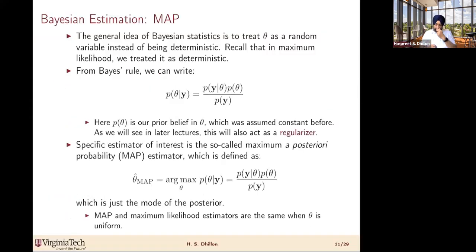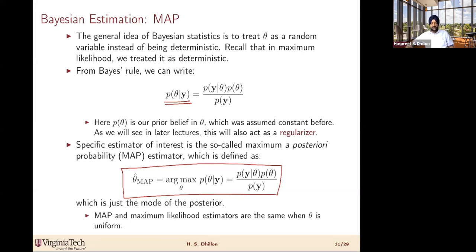Now, the specific estimator or MAP estimator that we are interested in is theta hat MAP, which is just maximizing this posterior p of theta conditioned on y. So argmax of this is the specific estimator we are interested in.